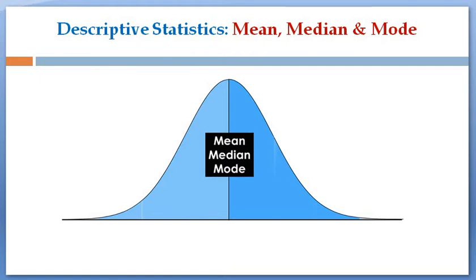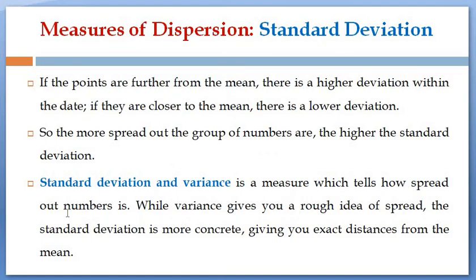So in this way we can see the standard deviation and variance is a measure which tells how spread out numbers are. And what are the numbers? The numbers are nothing but your sample data. While variance gives you a rough idea of spread, the standard deviation is more concrete, giving you the exact distances from the mean.